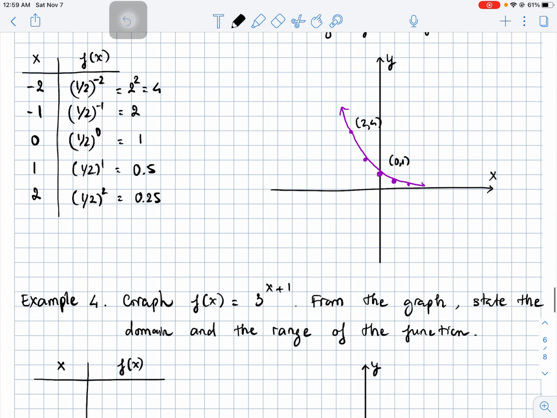And then we look at the graph and we answer the domain. The domain is from negative infinity to positive infinity. The range is the same thing. The y is positive. So we get 0, infinity.